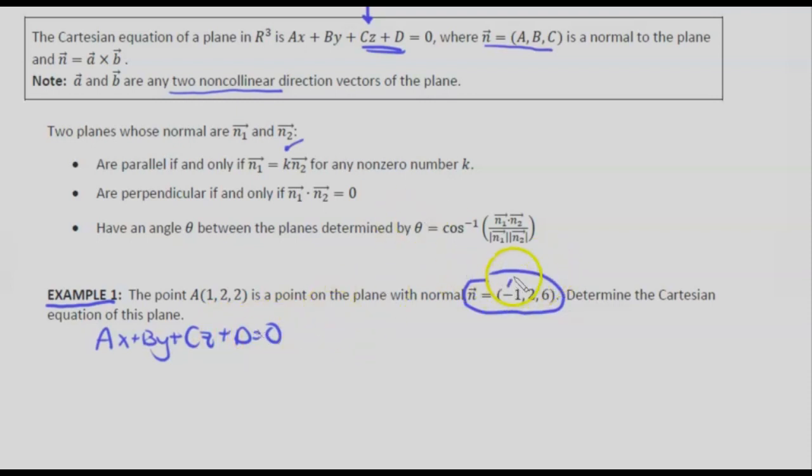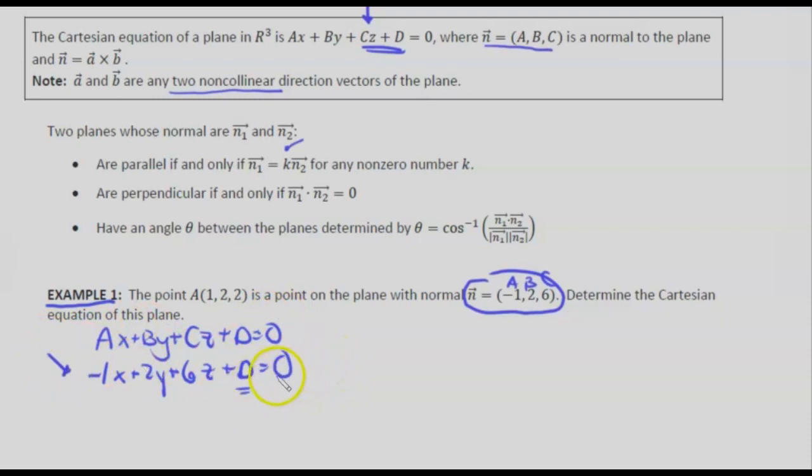Now, the normal represents the ABC, so we can sub that right in: negative 1x plus 2y plus 6z plus d equals 0. When we actually find the Cartesian equation of the plane, it's going to look like this, except we're going to find the d value.